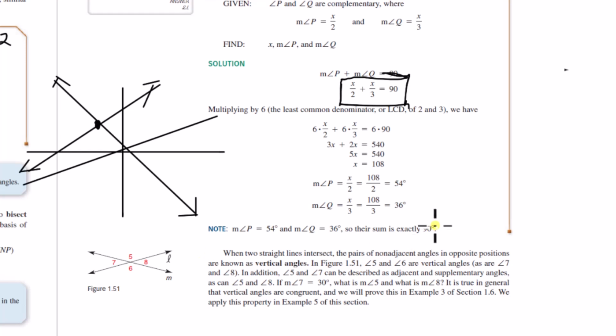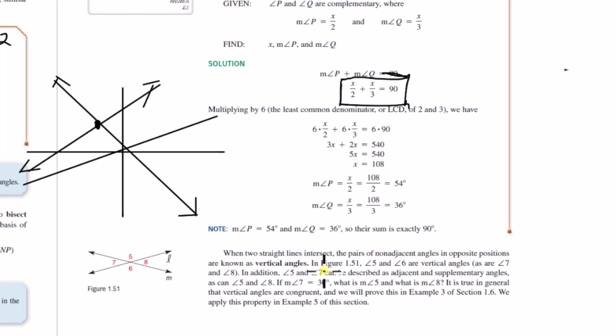You don't need to say opposite positions, because that implies that we can find some non-adjacent angles that are not in opposite positions, in a different position than opposite, but that's not the case. You're either going to be a non-adjacent angle or an adjacent angle. That's it. And so the non-adjacent angles at an intersection of two lines are the vertical angles.